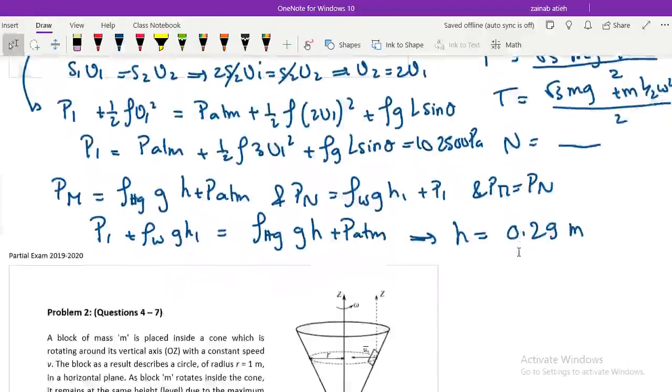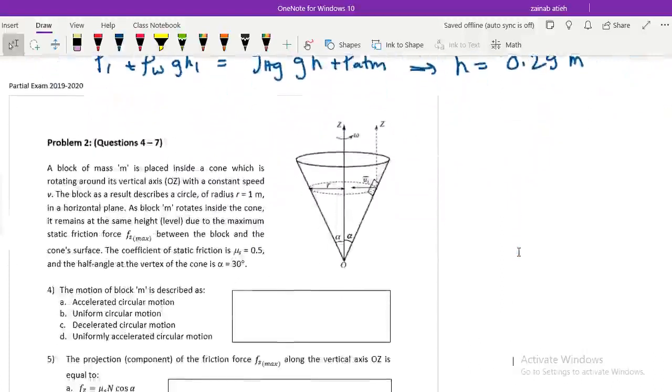Okay, this is the last problem I'm going to solve for today. It's a partial exam, 2019-2020. In this problem it says a block of mass M is placed inside a cone which is rotating around its vertical axis OZ with a constant speed V. The block as a result describes a circle of radius r equals 1 meter in a horizontal plane.